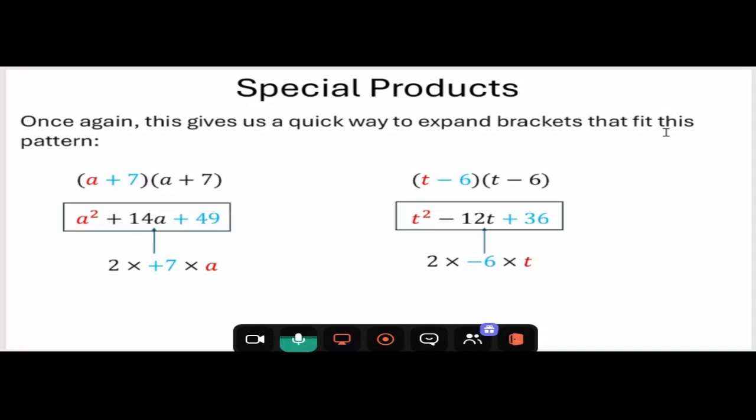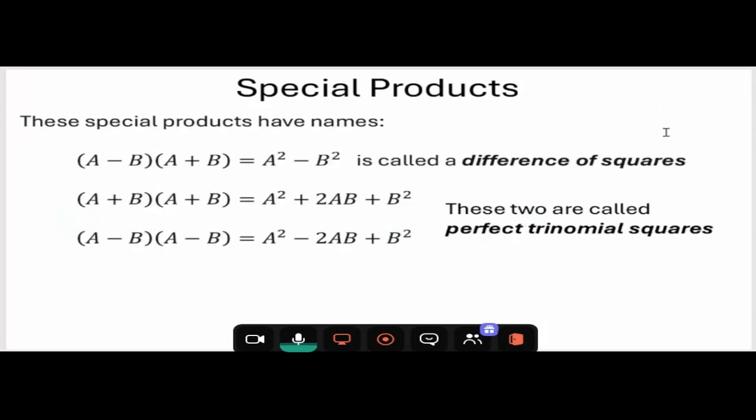So like I said, it's not critical because you can always do the full expansion the way we already were, but it's just a little pattern that sometimes helps you do these ones a little bit faster and will become important when we're doing factoring later on. These have names. The first one is called a difference of squares because look, when you expand it, it ends up being something squared minus something else squared, a squared minus b squared, a difference, subtraction, of squares.